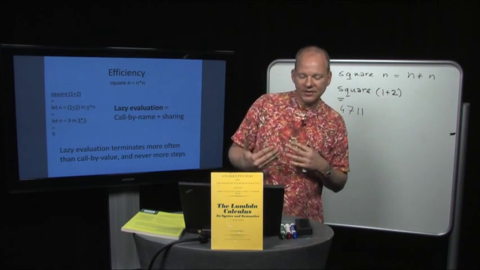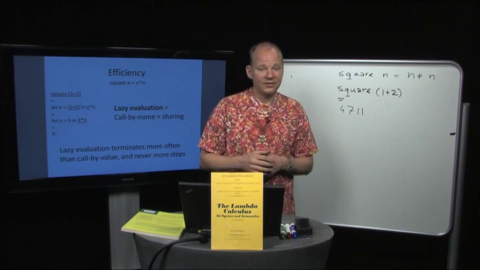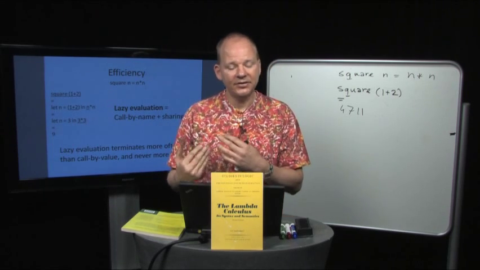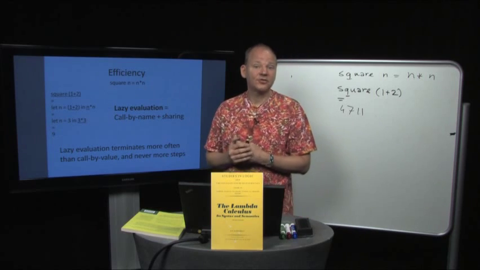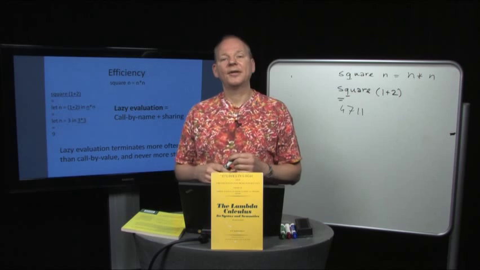So in certain cases, if you know that you're going to evaluate the argument and that you're going to need it in any case, making it strict is more efficient. And this is what the Haskell compiler tries to do.